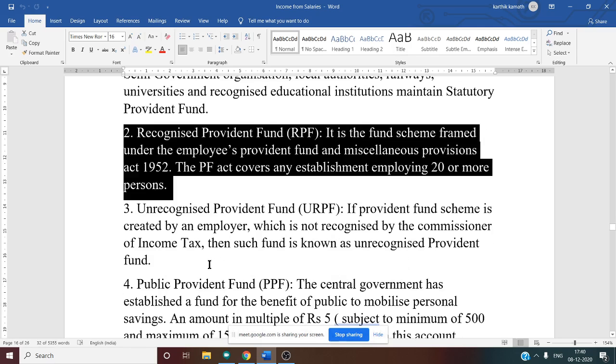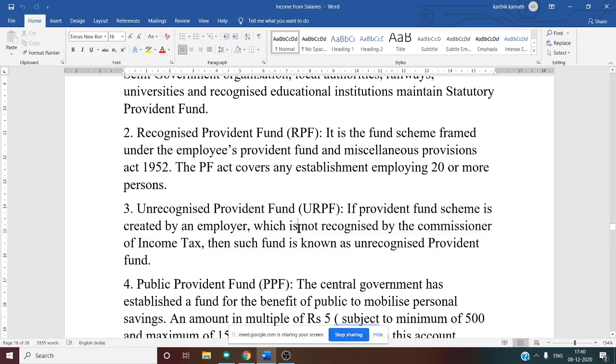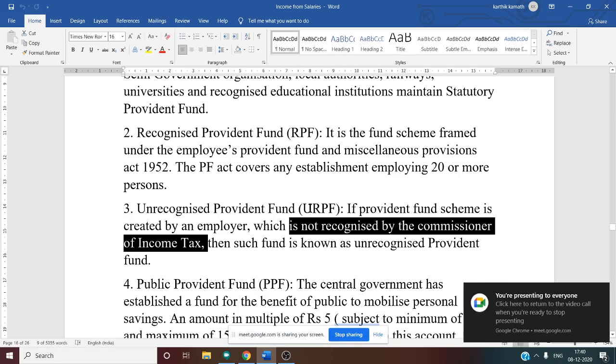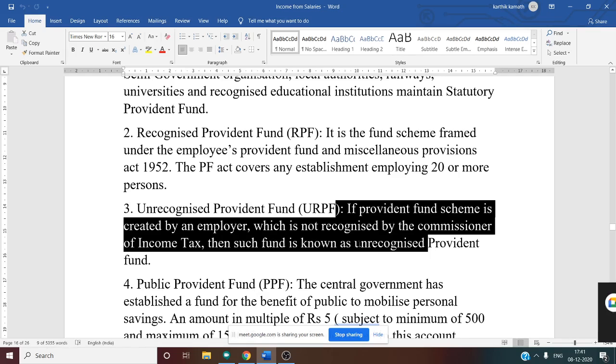Then similarly, there is one more type of fund, that is unrecognized provident fund or URPF. So what do you mean by URPF? It is not recognized by the Commissioner of Income Tax. This is very important. If the provident fund scheme is created by an employer and is not recognized by the Commissioner of Income Tax, then such a fund is known as unrecognized provident fund.